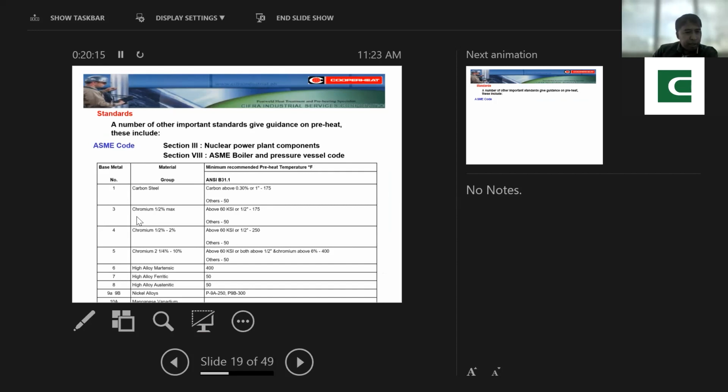For P3 material, which is 0.5% chrome, required din yan ng 175 degrees Fahrenheit. For 2 1/4 up to 10% chrome, ang preheating temperature is up to 400 degrees Fahrenheit. So different material groups have a recommended preheating temperature based on the ASME Boiler and Pressure Vessel Code.